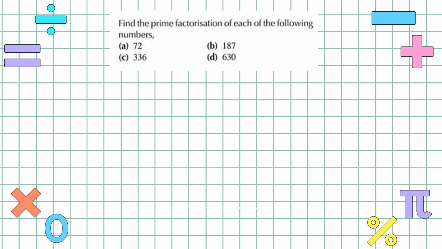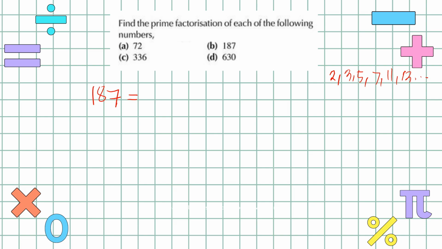For our second example, let's have 187. The challenge in big numbers is, especially if it's not divisible by 2. It's easy to start with 2 or smaller numbers like 3, but in this case of 187, 2 and 3 both will not work. So what I can suggest is to try the small prime numbers that we know like 2, 3, 5, 7, 11, and 13 and so on, and see if one of these works.